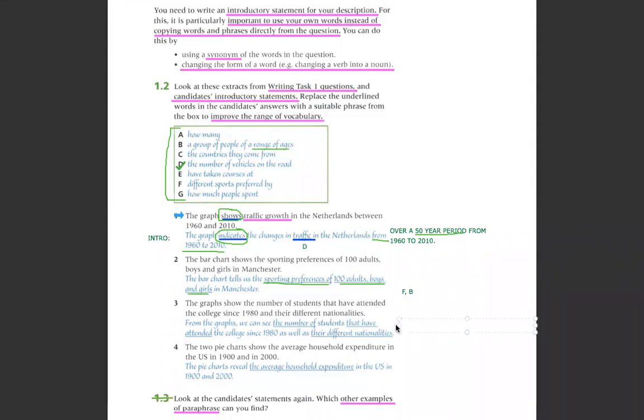Okay, please have a look at number 3. Number 3, you need to give me 3 paraphrases.